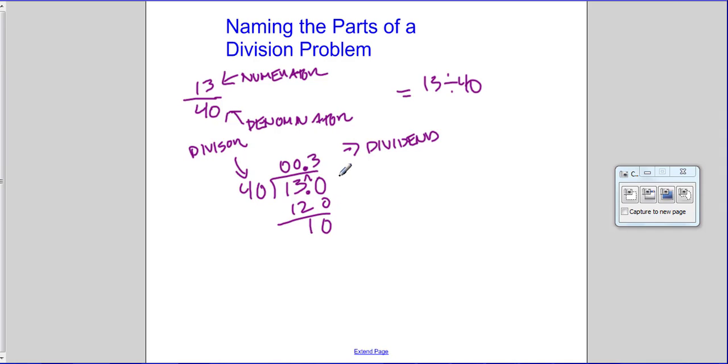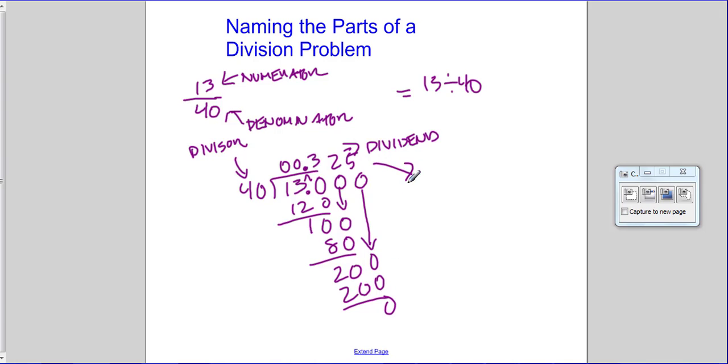Subtract, that's 10. Now we add a 0, bring it down. 40 goes into 100 twice. 2 times 40 is 80. Subtract, add another 0. We just keep going here. 40 goes into 200 5 times. 5 times 40 is 200, so we have remainder 0. In this case, my answer is 0.325.